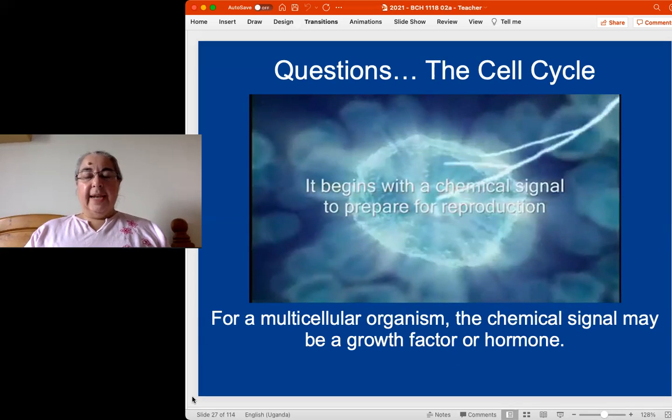Well, for a multicellular organism, if you think of a growing fetus in the womb, for instance, the chemical signal might be a growth factor or hormone.